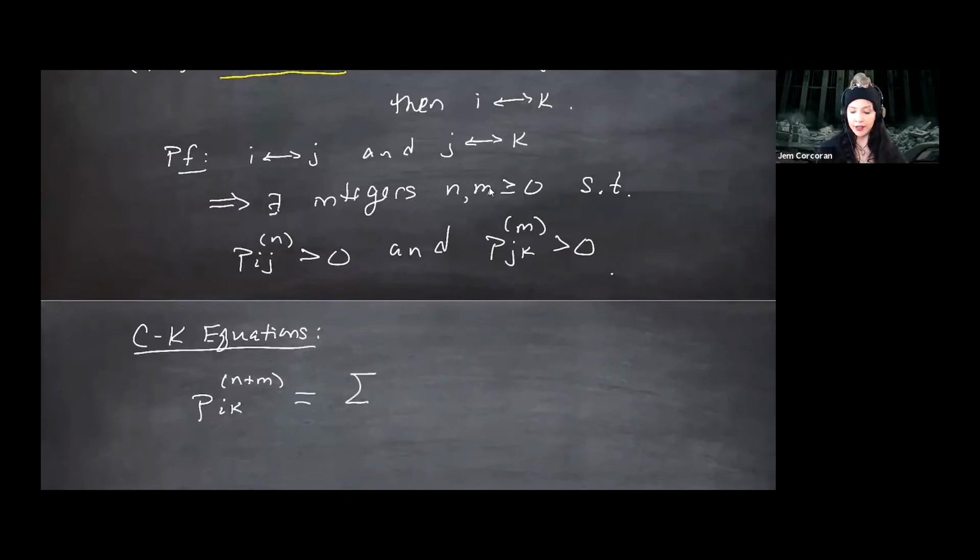I already used k, so I'm going to use l. I can go from i to l in the first n steps, and then I can go from l to k in the next m steps, running over all l in the state space. But one of the l's that's going to be hit in there is j, so that's just a single term here.